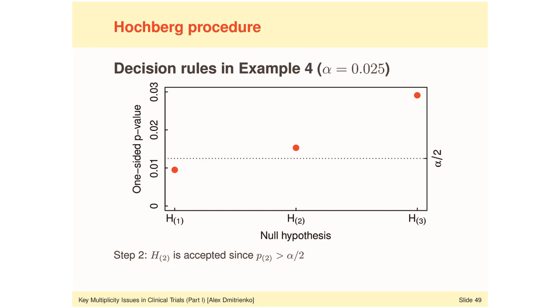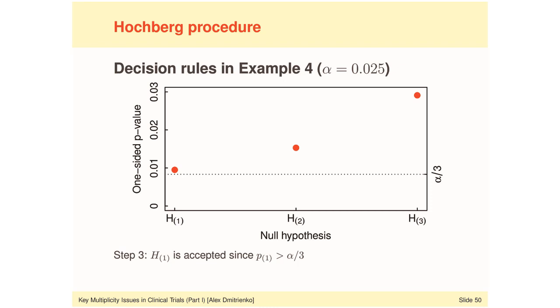However, despite the differences between the 2 decision rules used by the Hochberg and the Hommel, the conclusion that we draw here is exactly the same that we drew in step 2 for the Hommel procedure. The second ordered hypothesis cannot be rejected by the Hochberg. And the last step is step 3.